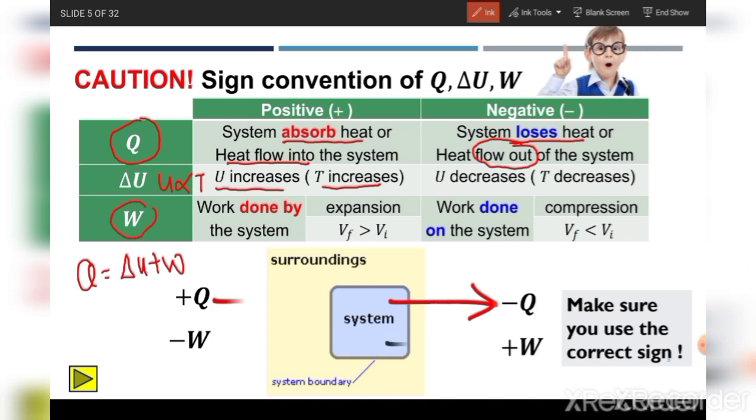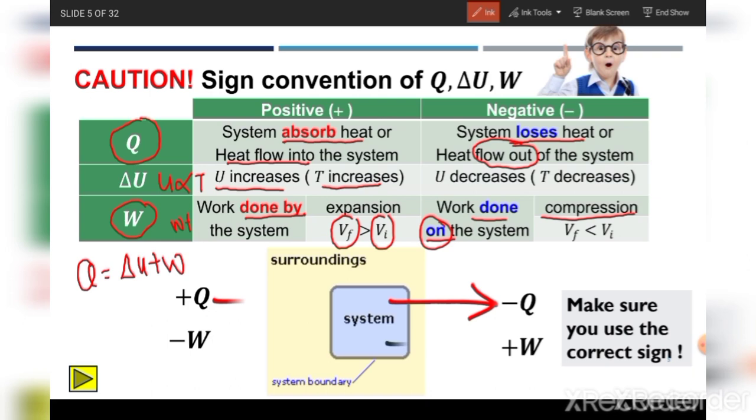Now, work done. Work done will become positive when work is done by the system, or the system expands, which means volume final is greater than volume initial. Work done is negative when work is done on the system, or we can also say when the system undergoes compression.